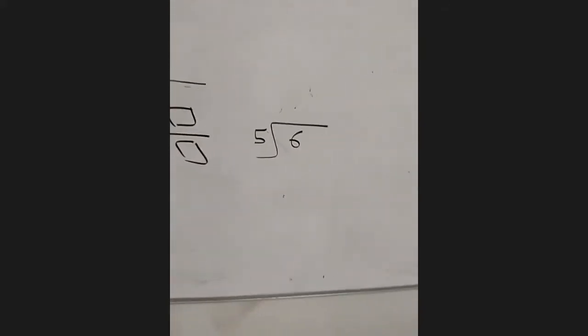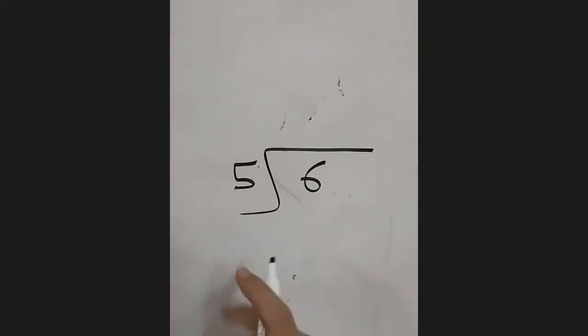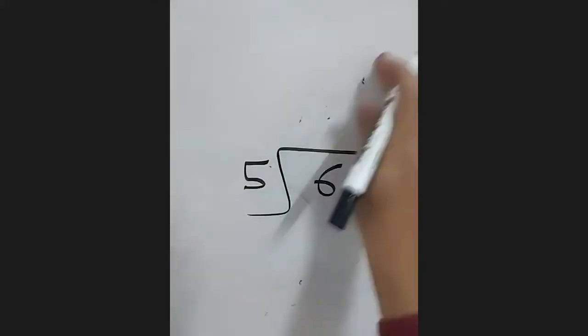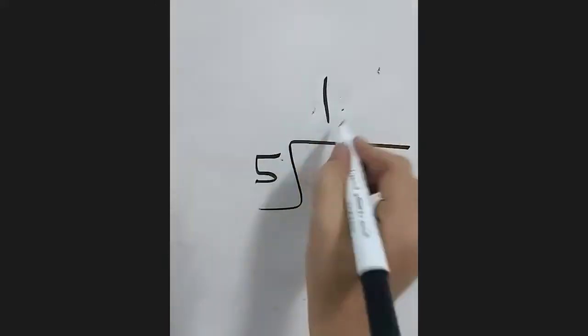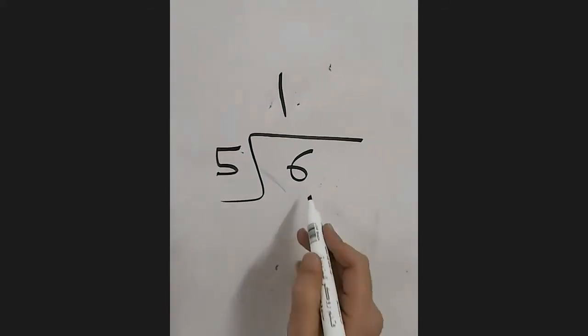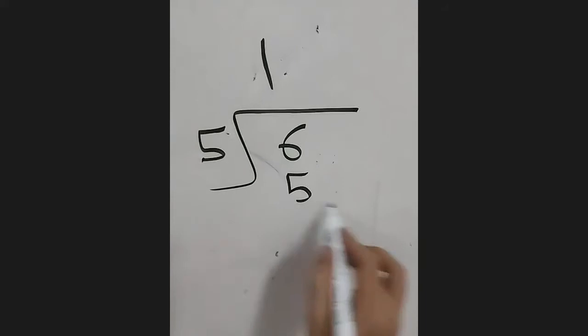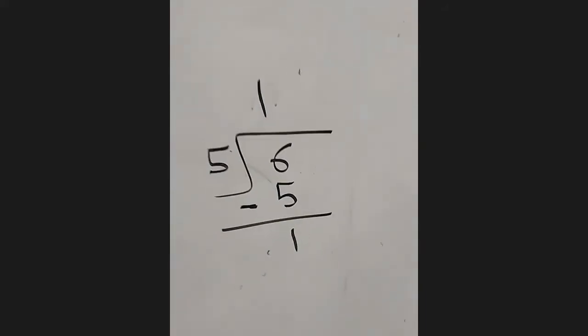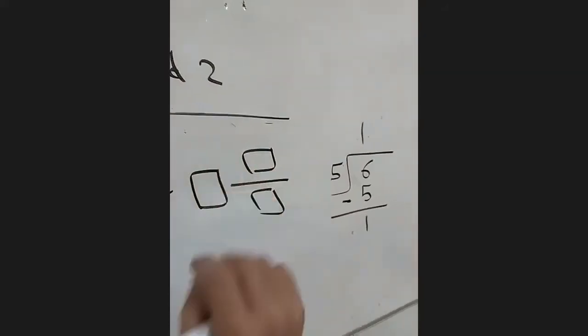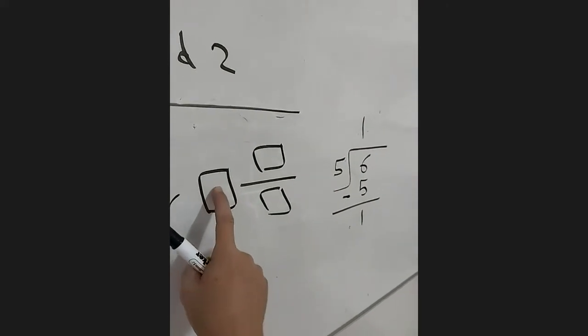Don't forget that. Now let's divide. 6 divided by 5, how much? 1. 1 multiplied by 5 is 5. Subtract: 1. So let's put the numbers here. What will we put here? 1.